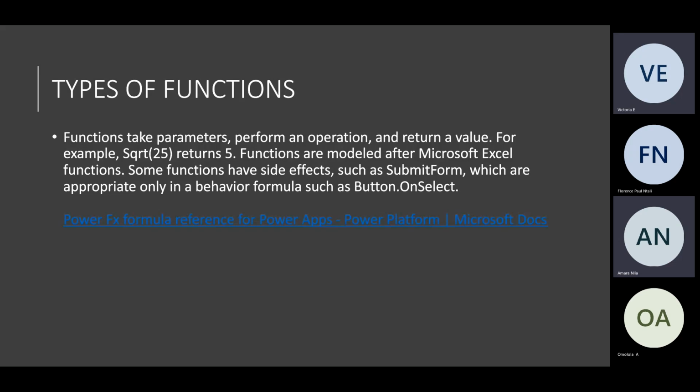Our computer does not understand the English language, so we do this to translate to ones and zeros that the computer will be able to understand. So in the square root of 25, square root is actually a function, and it will return a value, 5.